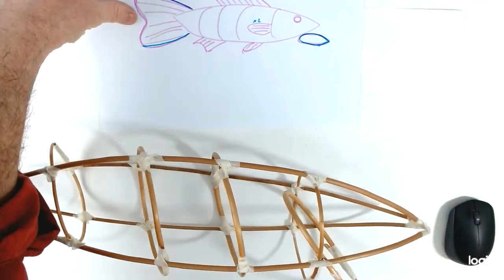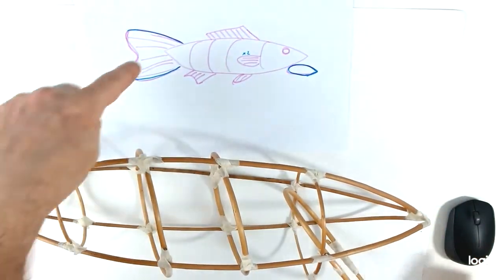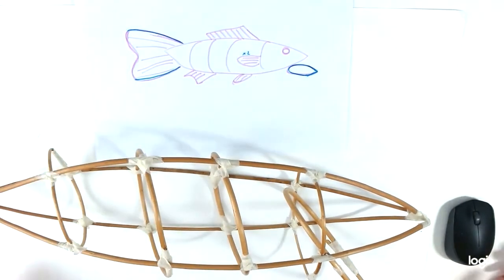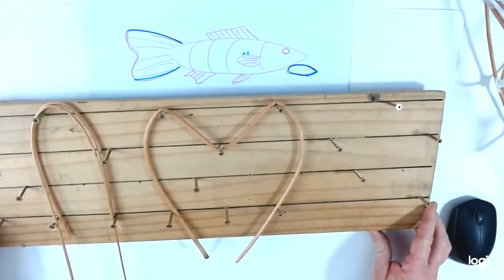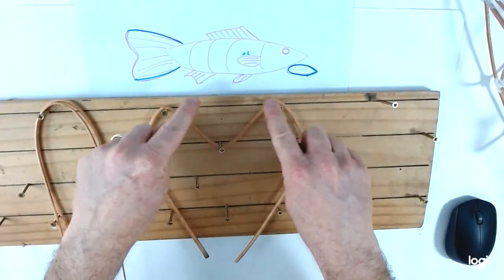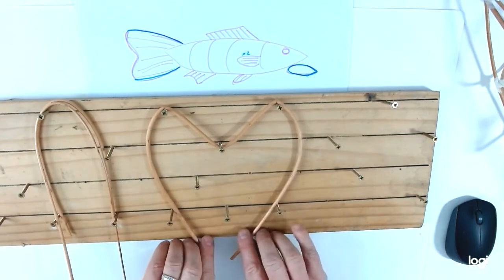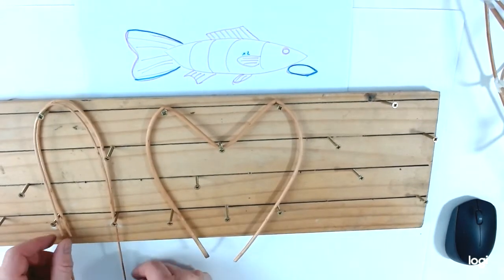Looking at my diagram, I need fins and tail that are curved. So in order to do that, put that to one side a second, I've used my jig that I made previously. Using wet willow, I've bent the shapes around and held them in place until they've dried.